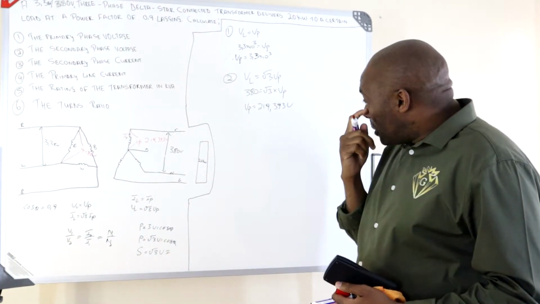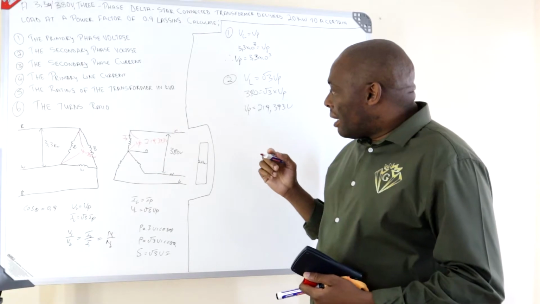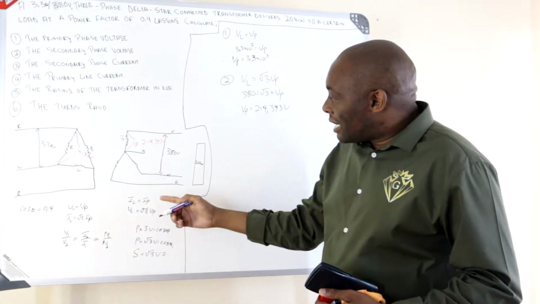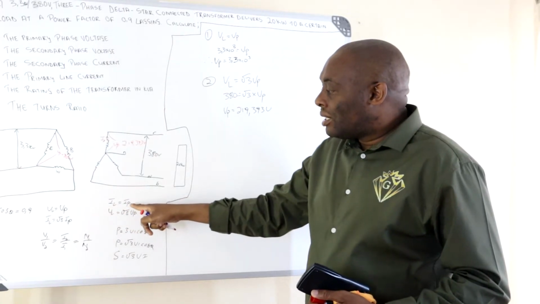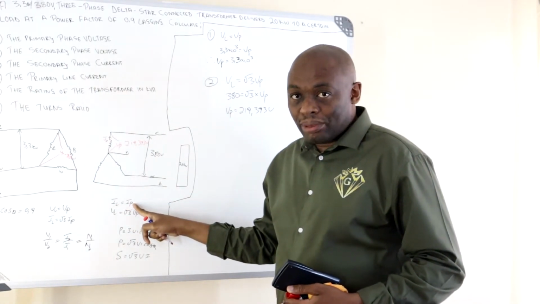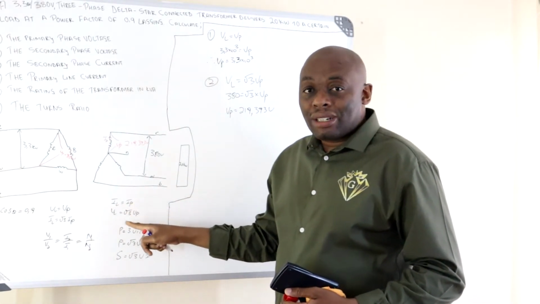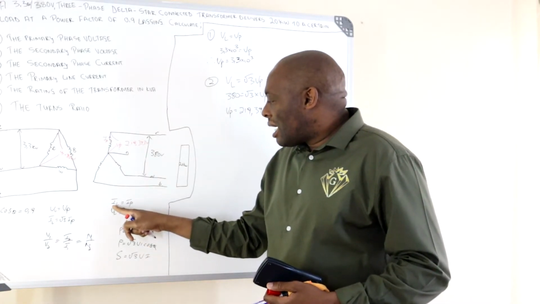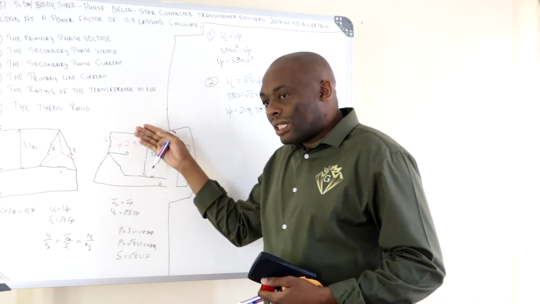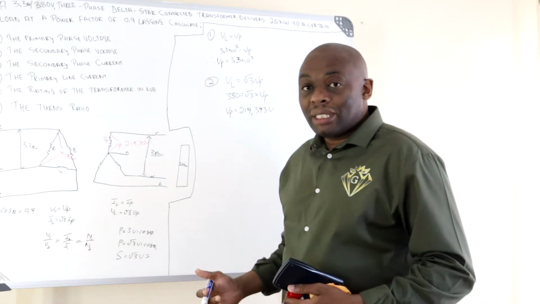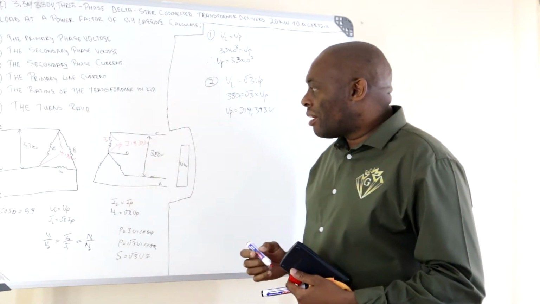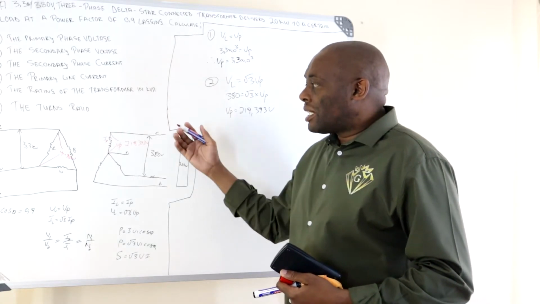We know that in a star configuration, our I line is equal to I phase. Please remember that. In a star configuration, our I line is equal to I phase because this is the secondary side of the transformer.